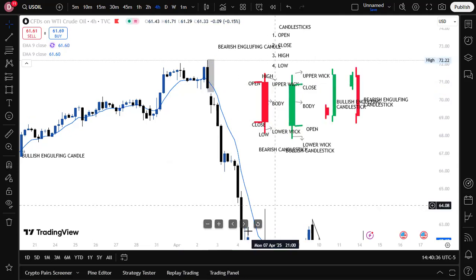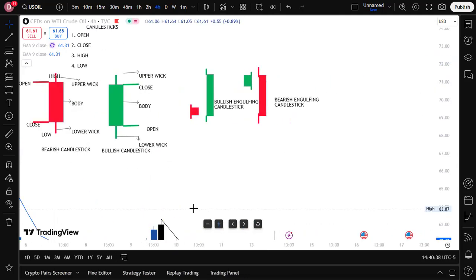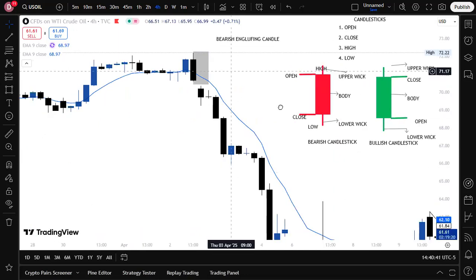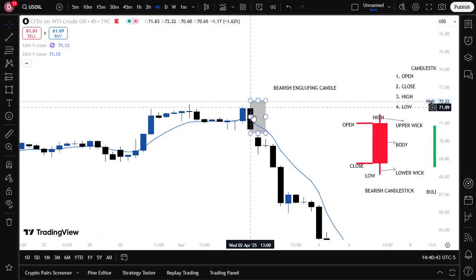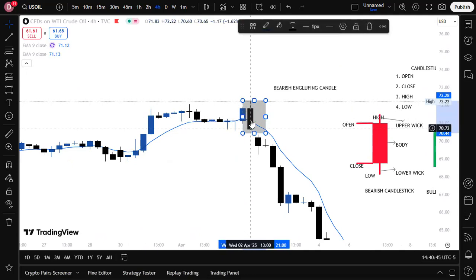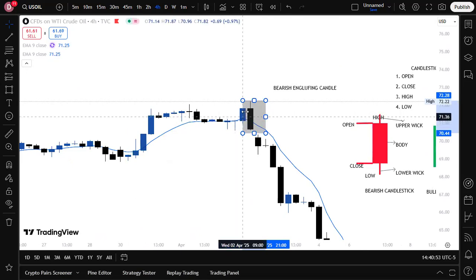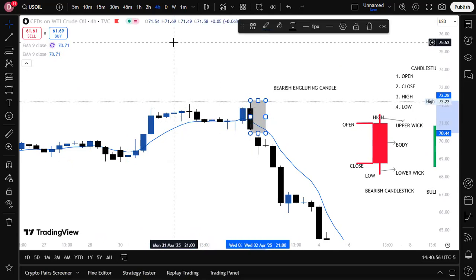Now, let me zoom it. So this now is a 4 hour time frame candlestick, just this one alone. Now let's go to 1 hour. You're going to see 4 candlesticks inside this box, because it took 4 candlesticks on the 1 hour time frame to form 1 candlestick on the 4 hour.